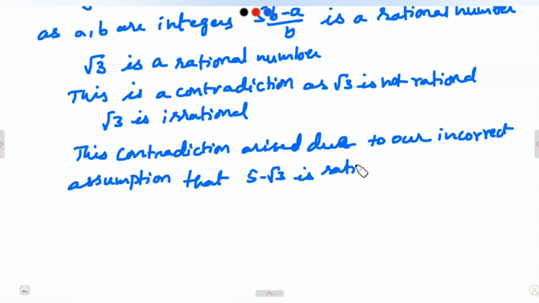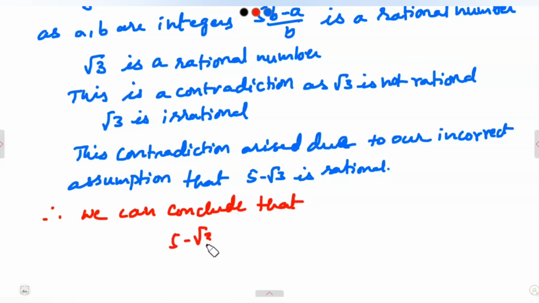We assumed like this. So because of this contradiction, now you can finally write that. Therefore, we can conclude that 5 minus root 3 is irrational.